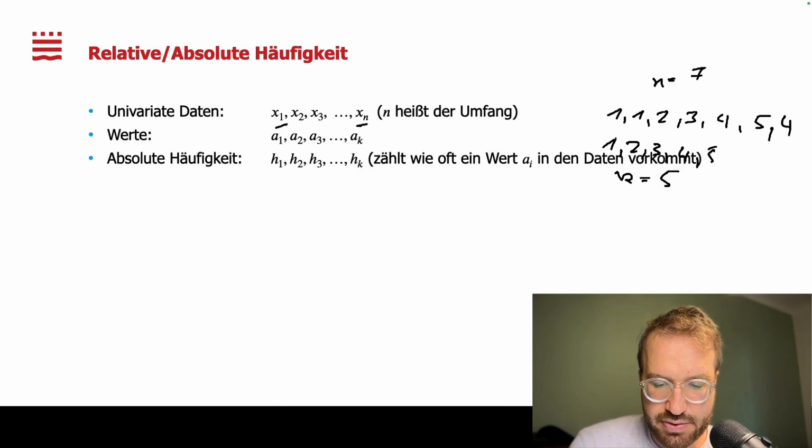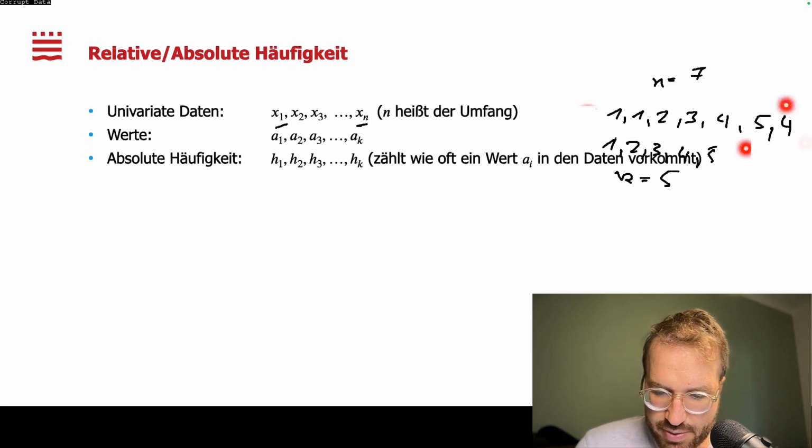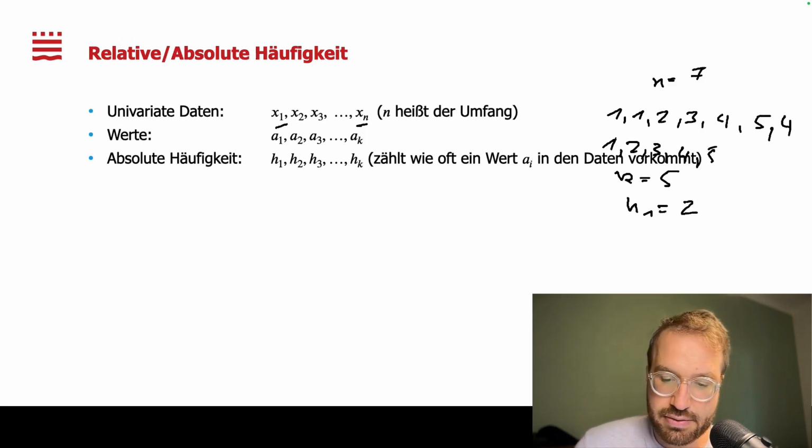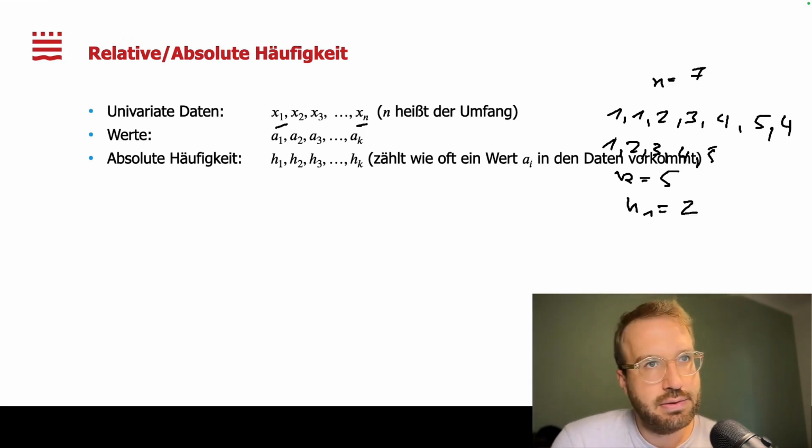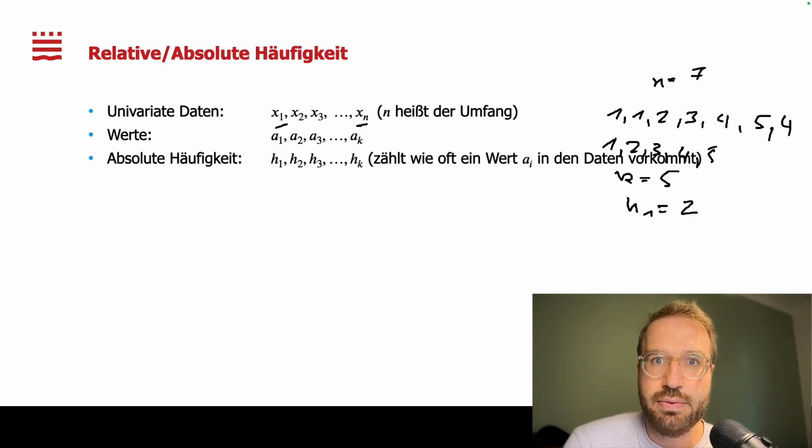It counts how often the value a_1 appears in the data. That means in our situation, how often does the value 1 occur in these data points here? And there we see that h_1 is 2, because the 1 occurs 2 times in the data.